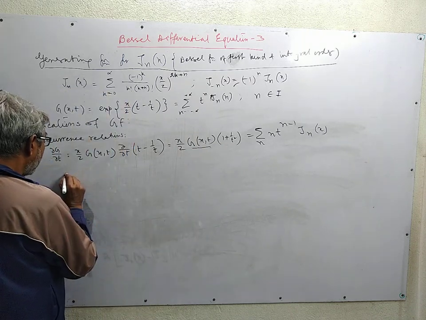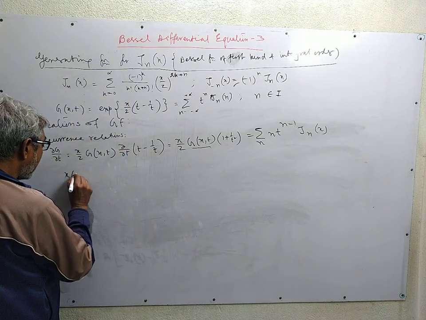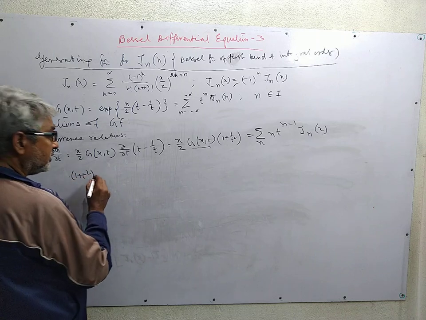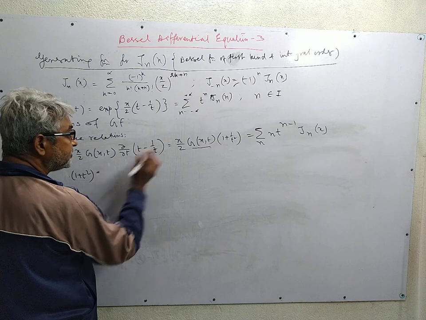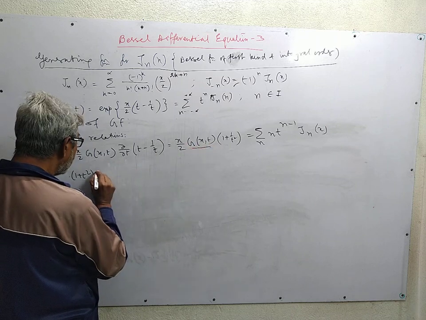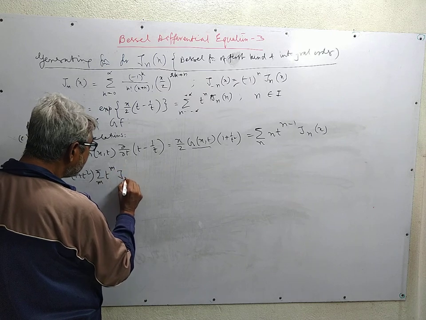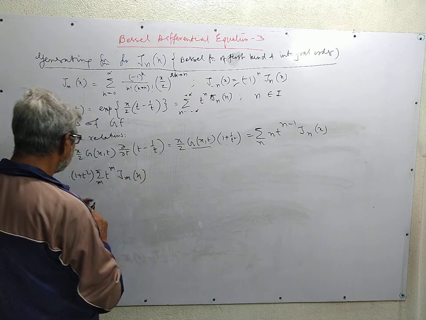So we have x times 1 plus t squared, or write it as x by 2. Then this part we write in summation over m jm of x.